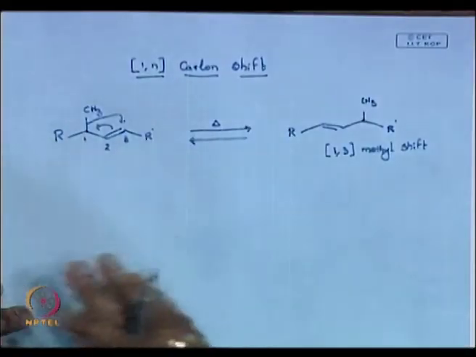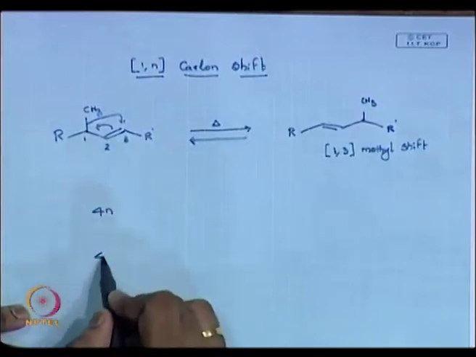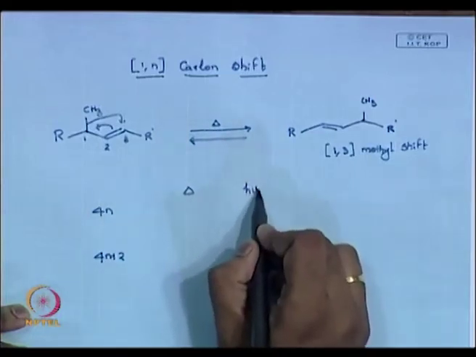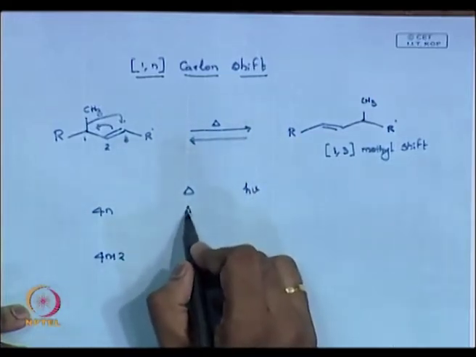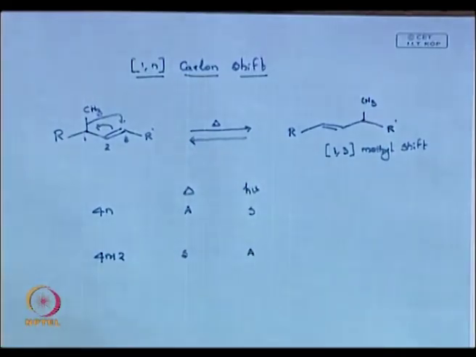Now, then comes your stereochemistry into question, whether this will be suprafacial or antarafacial. See, if you just take a methyl system, okay, then what happens, you can write the same Woodward-Hoffmann rule, just like your hydrogen shift. This also obeys similar rules as your hydrogen shift.